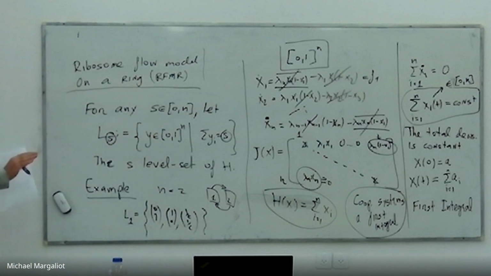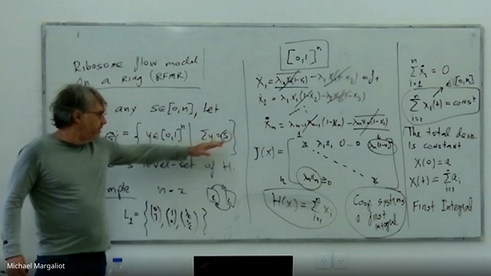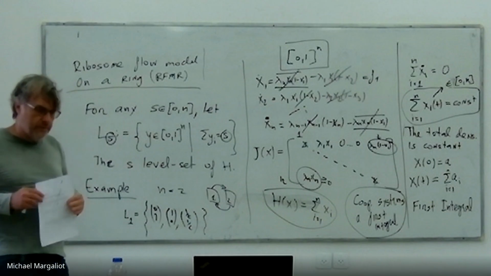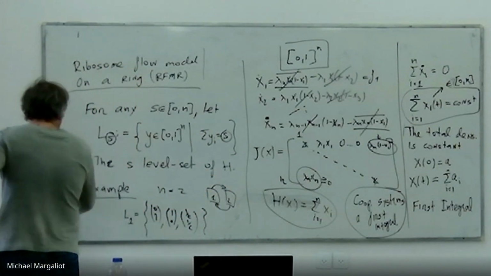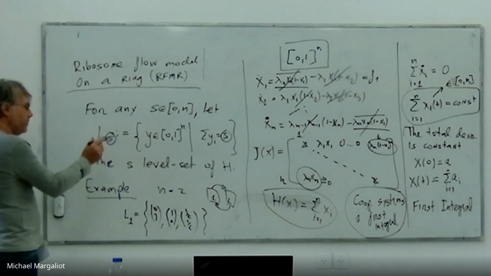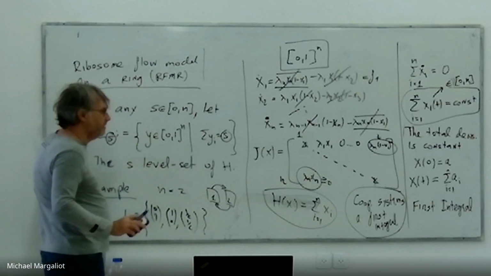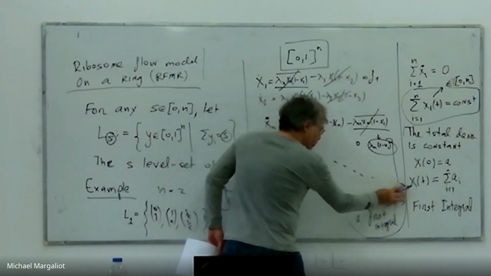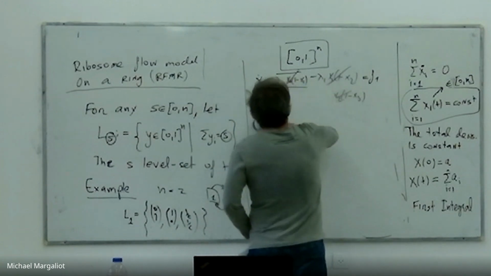I look at all the possible densities in my sides, such that the total density is equal to S. Because we know that if I start with some total density S, it remains S along the dynamics, it is natural to consider the system on this S level set.